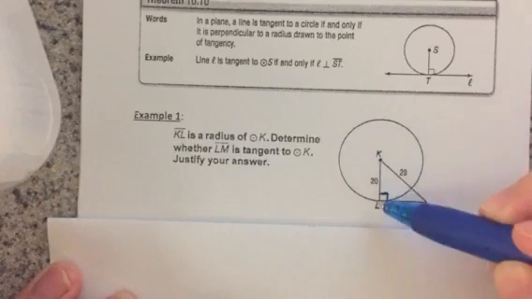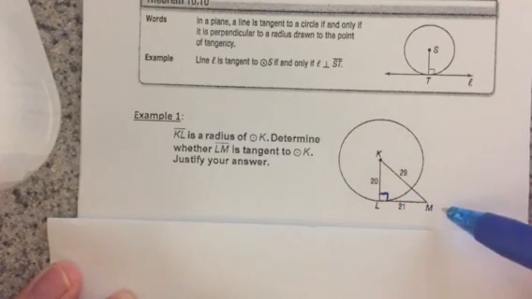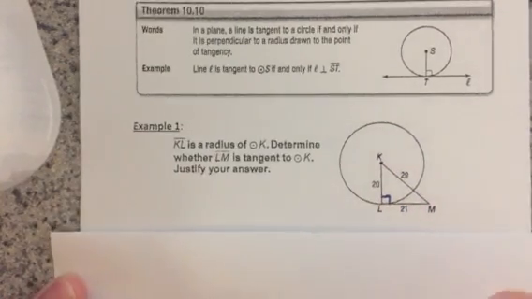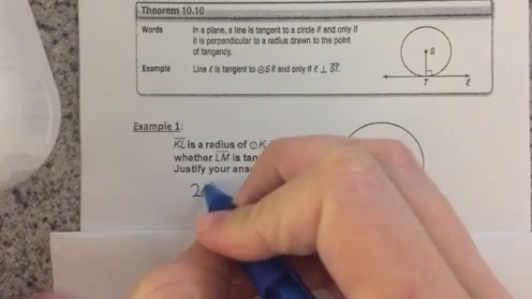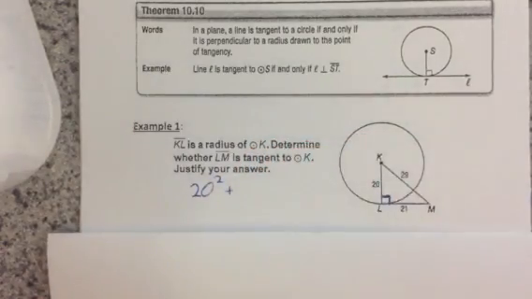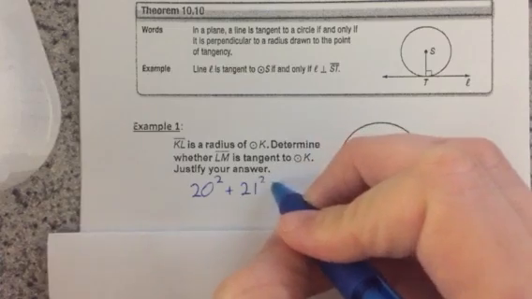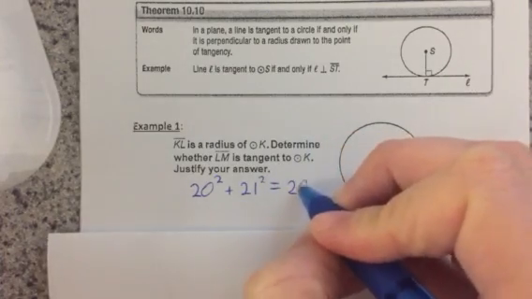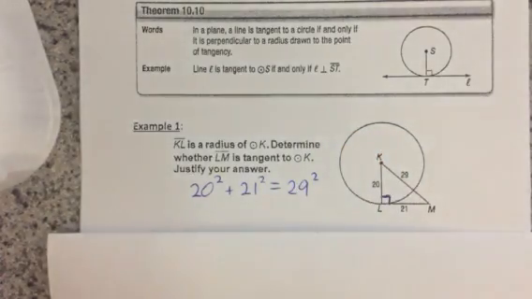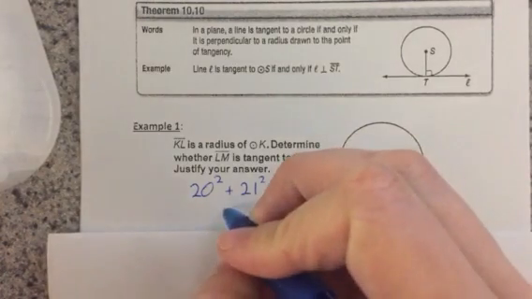So we could say 20 squared plus 21 squared equals 29 squared. Let's write that out. Okay, so grab your calculator, see if that checks out. So we do 20 squared plus 21 squared, that gives me 841.